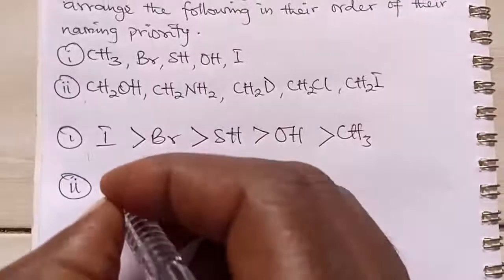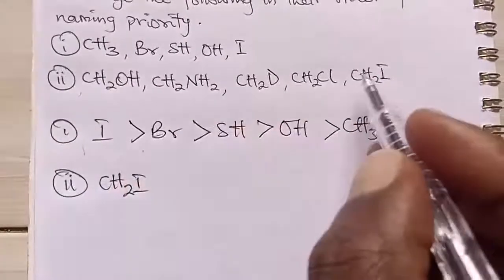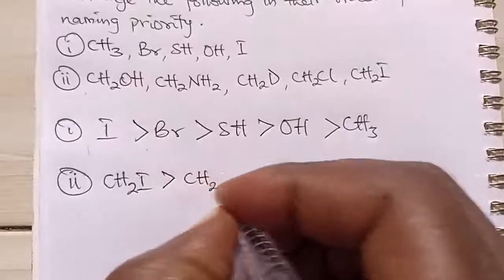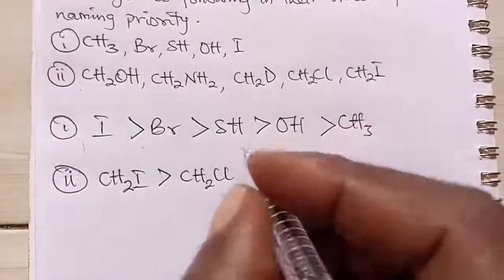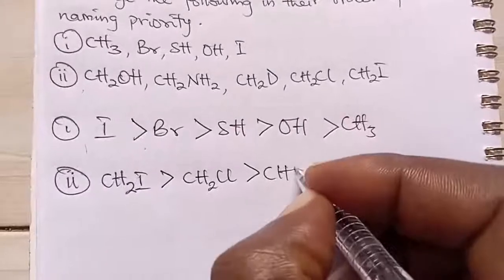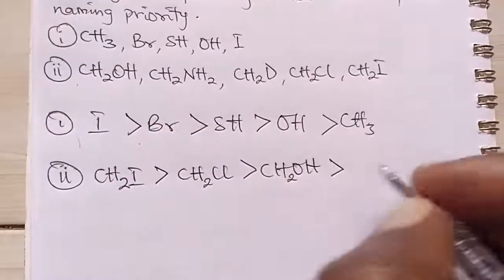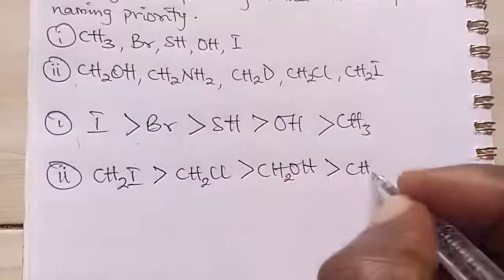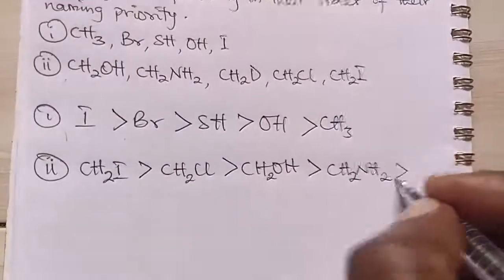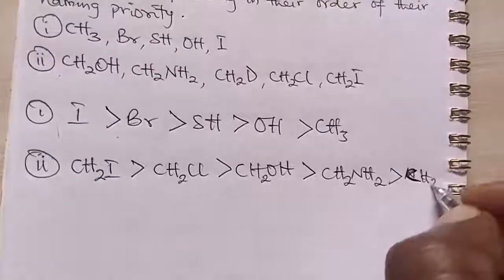So, the next one, we begin with CH2I. That's this one. The next one is CH2Cl. The next one should be CH2O. Then the next one should be CH2NH2. Then we have CH2D.